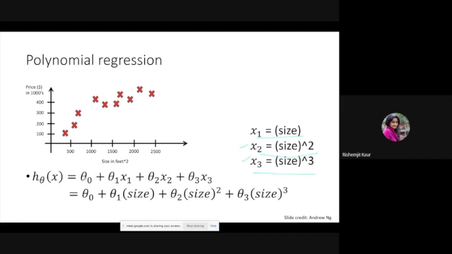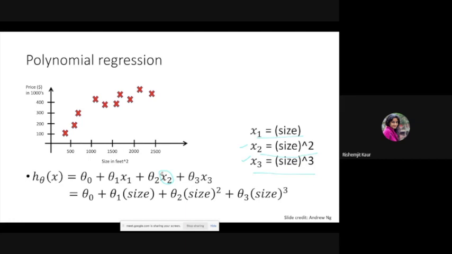So we will write: h of x is equal to theta 0 plus theta 1 x1 plus theta 2 x2 plus theta 3 x3, right? So do not think that it becomes polynomial in nature, because it is still a linear relationship between the input and the output. It is still a linear regression. By polynomial here we mean that for the input values, we are taking a certain polynomial of them.